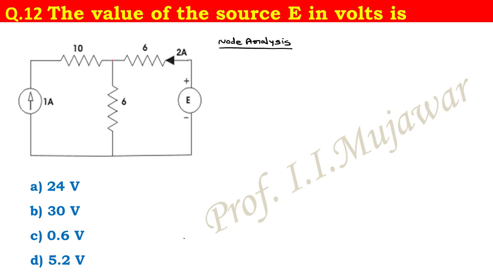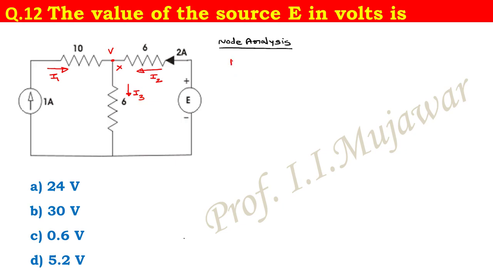Suppose this is my node X. If I assume the nodal voltage V, then this current is straightaway given. It is the incoming current at node X. Let it be, say, I1. This current is again incoming, of value 2 ampere. Let me write it as I2, whereas this is the unknown current, I will write it as I3.